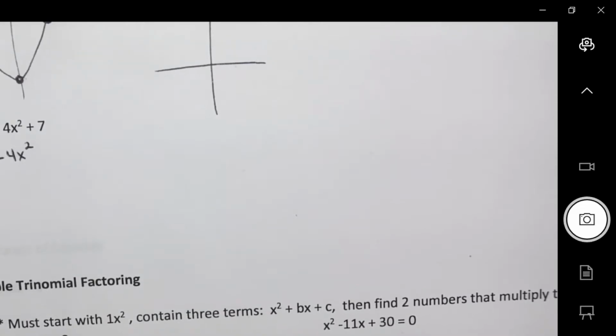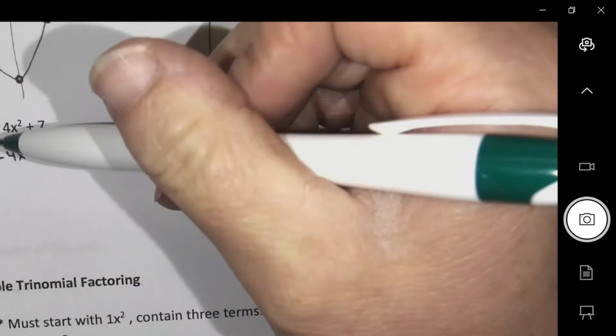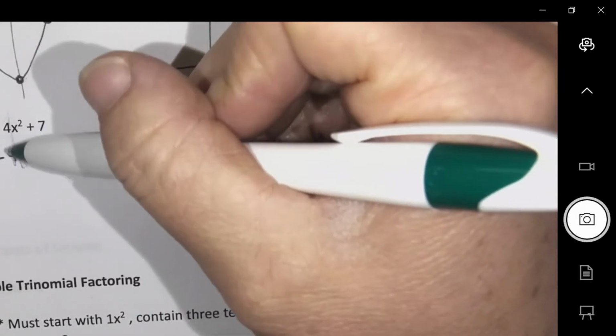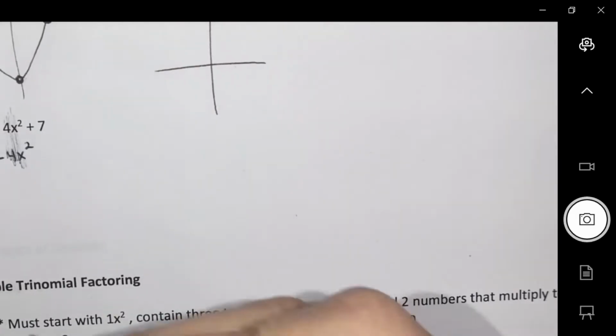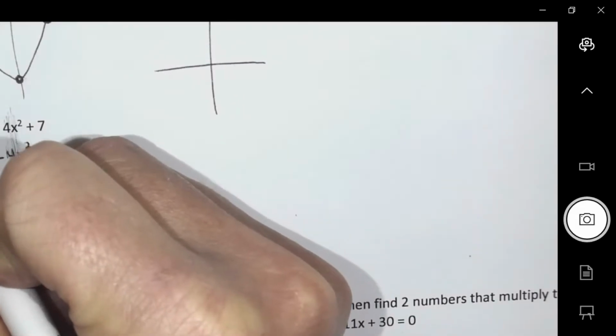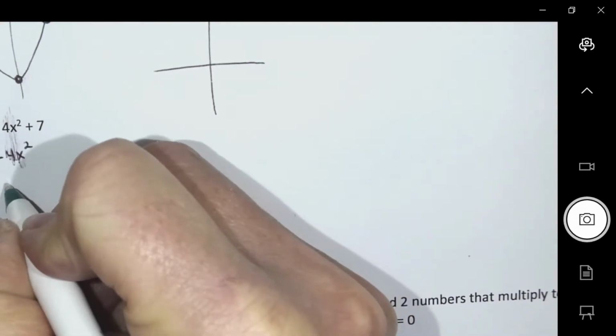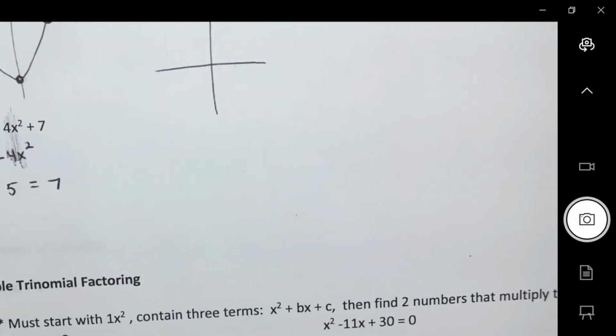Okay, that's my suggestion because that way you're not creating negative numbers. It's okay to do it the other way, but you're going to involve negative numbers. So I'm going to get rid of that. Okay, I can put that together.